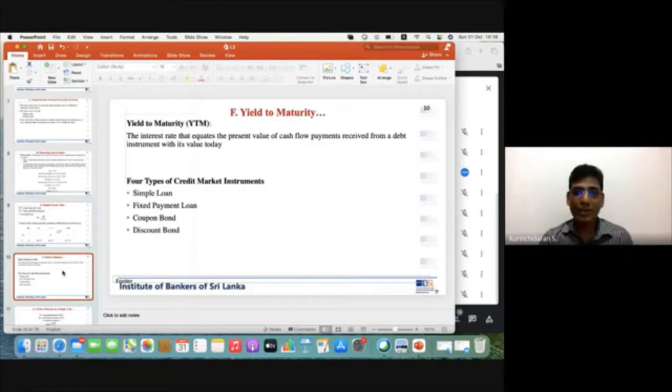If you are a banker, you would be able to understand. You have different kinds of lending products: a simple loan, a fixed payment loan, or you may be selling coupon bonds or discount bonds, or buying them. So that is where we always think about yield to maturity. Let's see how that works.